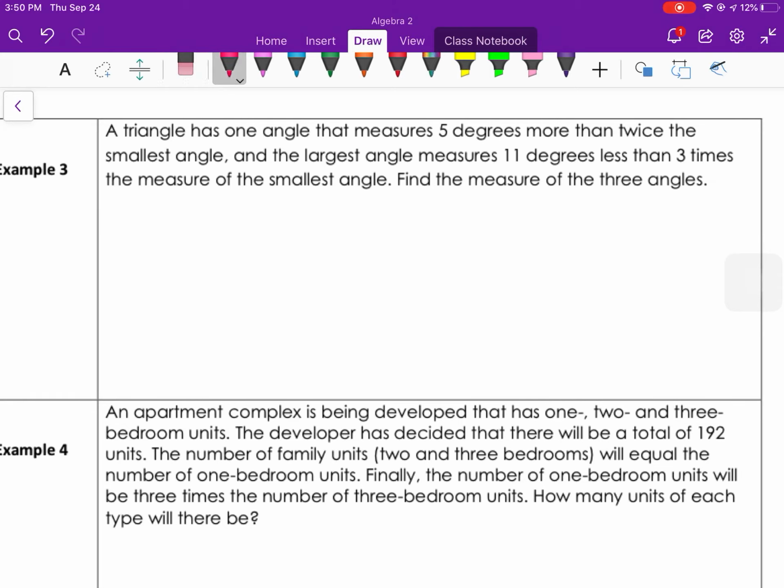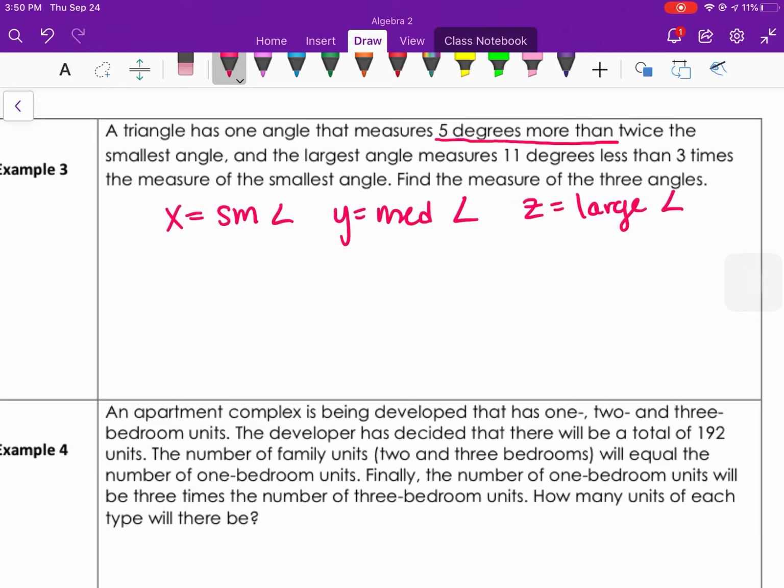Wait, getting ahead of myself. Let's let x be the small angle, y equal the medium angle, and z equal the large angle, the measure of that angle, so the degrees. Okay, so the triangle has one angle that measures 5 degrees more than twice the smallest angle.